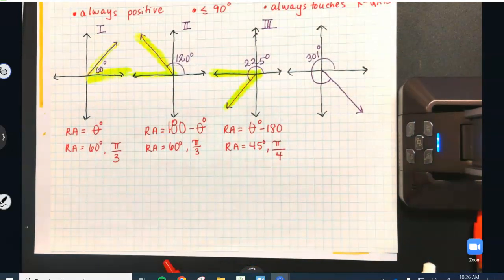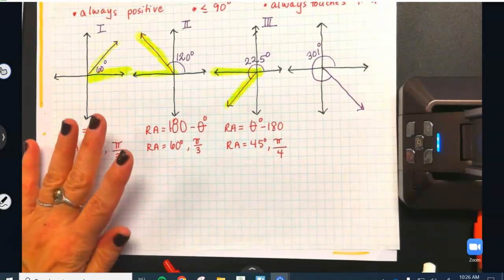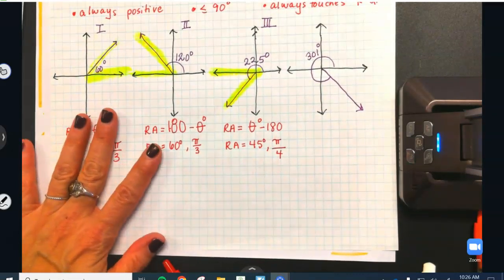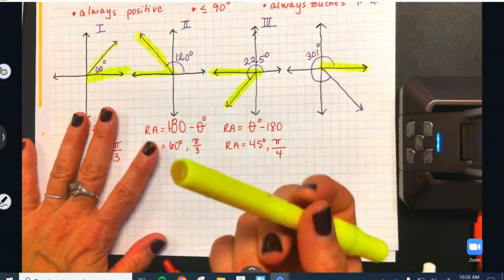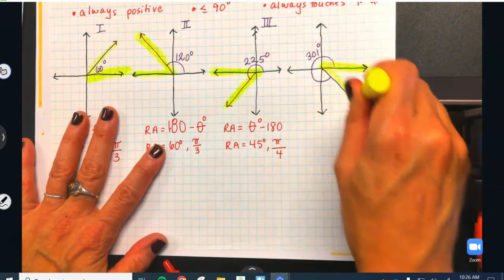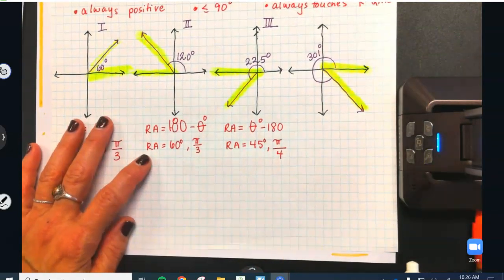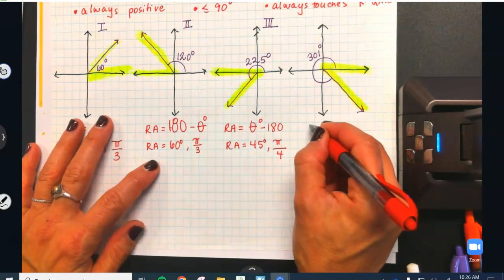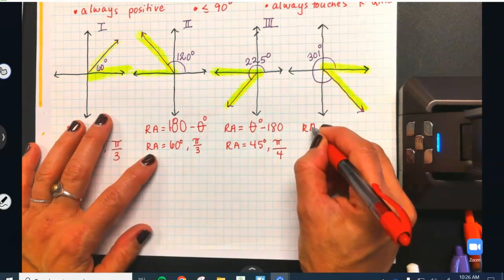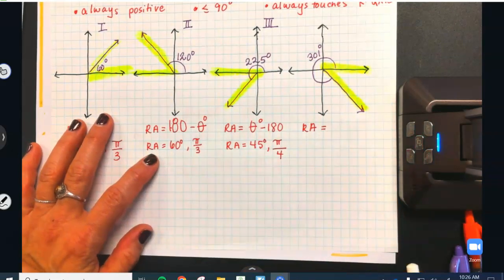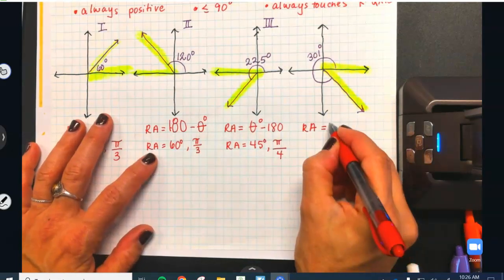Now remember, it has to touch the x-axis, has to be less than or equal to 90 degrees. So it has to touch that side of the x-axis. That way it's going to be less than 90 degrees. How much is that angle? 59. It is. And how'd you get that? 360 minus theta.